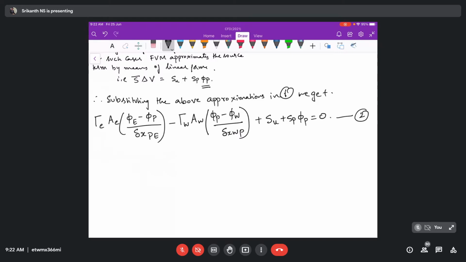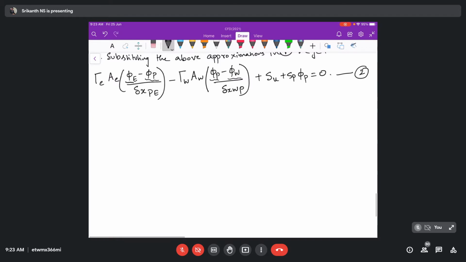Now, let us try to rearrange this equation as a coefficient of, see, phi P is there, phi W is there, phi E is there. Shall we try to rearrange the equations? So phi P, please concentrate on phi P, all of you.